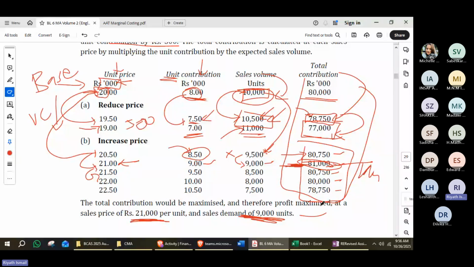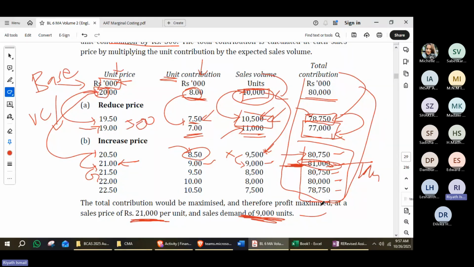This is how, in the real market, marketers increase the price. On the surface, we think that by increasing the price, the product's sales units go down. But from the company's point of view, they do this kind of calculation and they maximize the profit. This is how they fix the price.